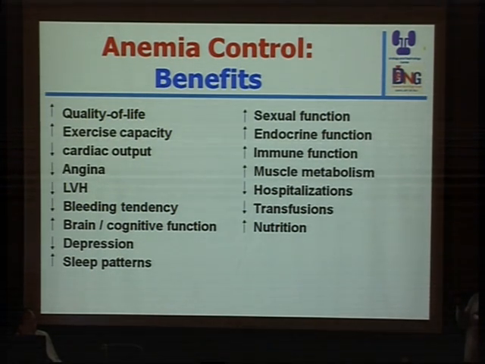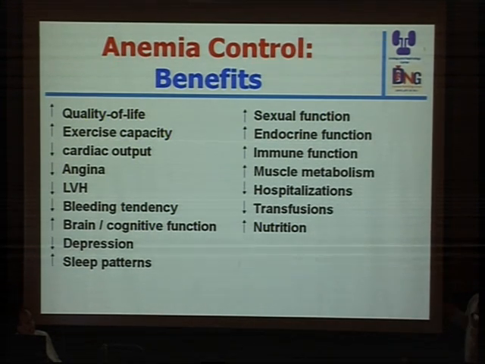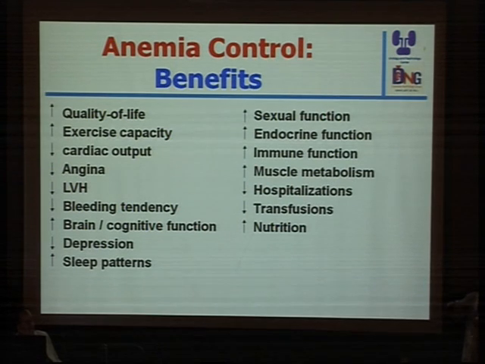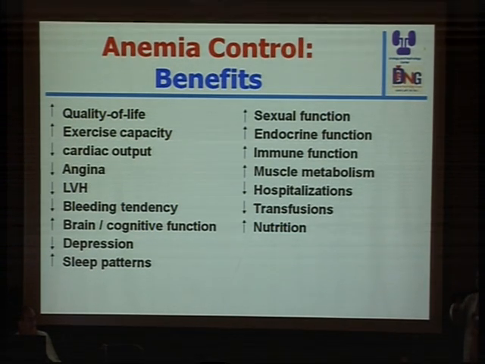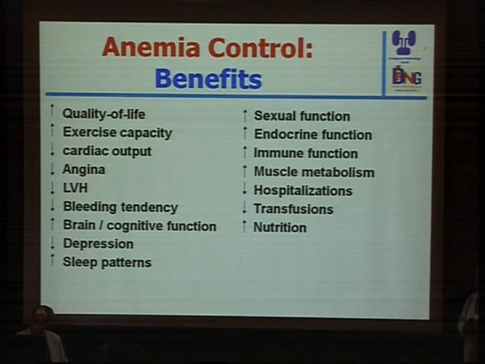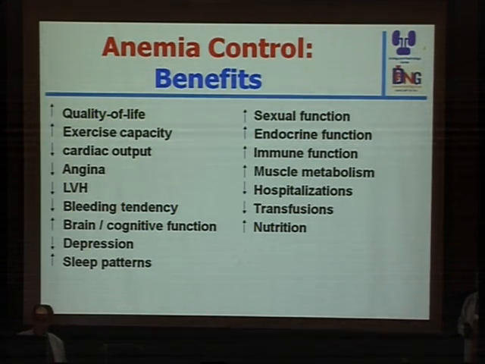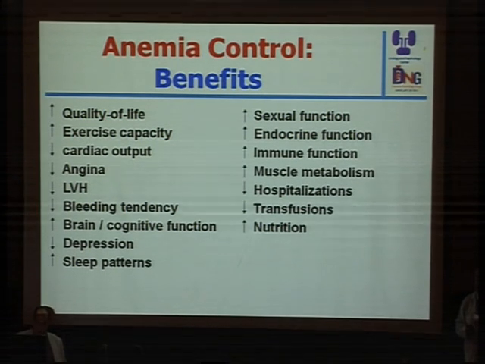For the platelet to form the plug, you should have red cells, because red cells push platelets to allow the function of platelets to be in a good manner and to release von Willebrand factor and to plug the bleeding hole. So we need to control anemia for controlling bleeding.